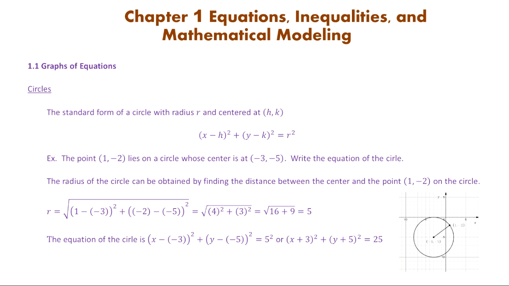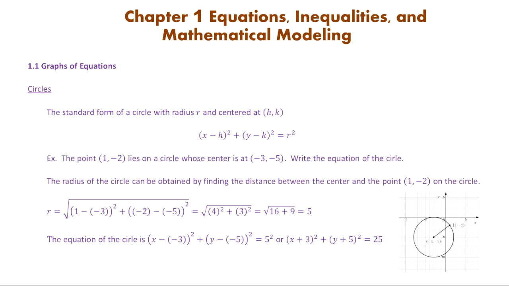So the radius, or d, is just the square root of (x2 minus x1) squared plus (y2 minus y1) squared, as the distance formula. You can name x1 equal to -3 and y1 equal to -5, and x2 be 1 and y2 be -2.